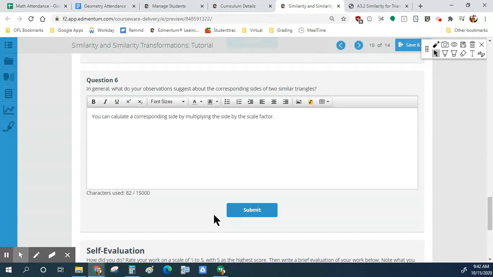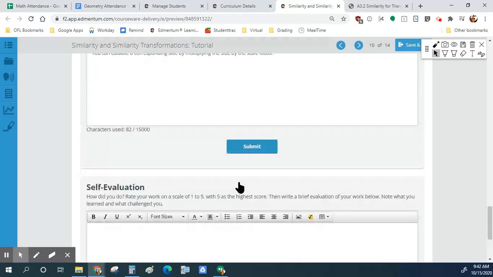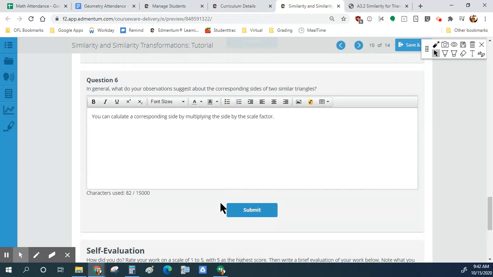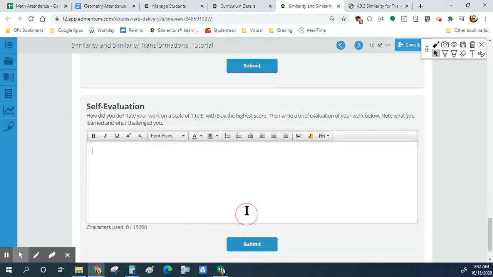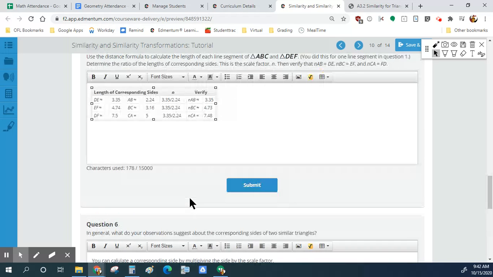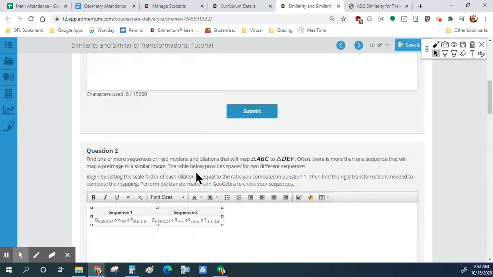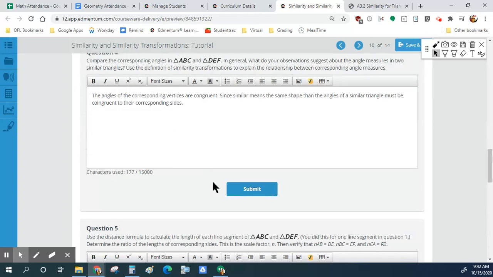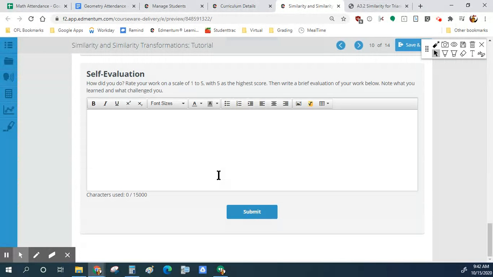Oh, by the way, you need to know that you can divide the sides out to figure out the scale factor. Oh, what did you learn from this? It's like, you have to divide the sides by doing the scale factor, but I needed to know that in order to do it. So Edmentum has a weird learning philosophy, so just be happy that I'm doing the exercises for you, so I can tell you what you were supposed to learn.